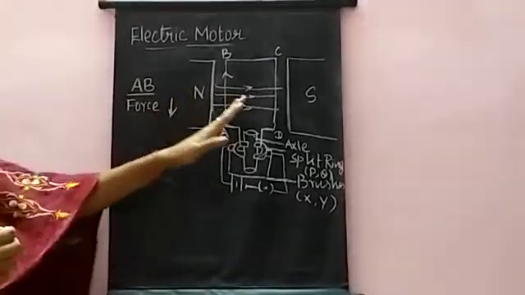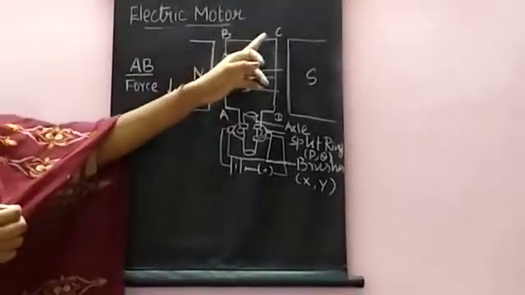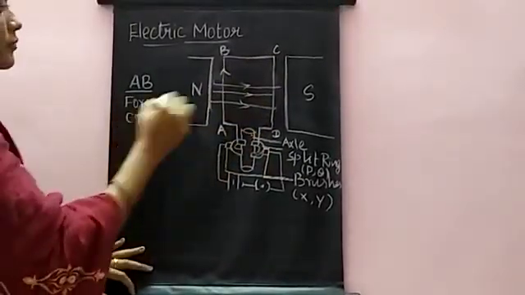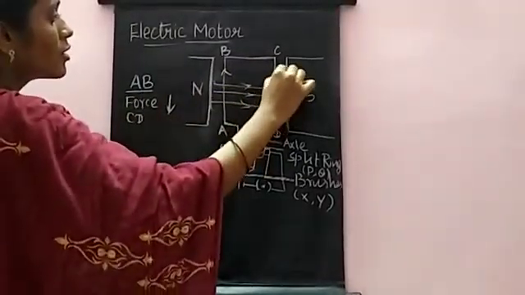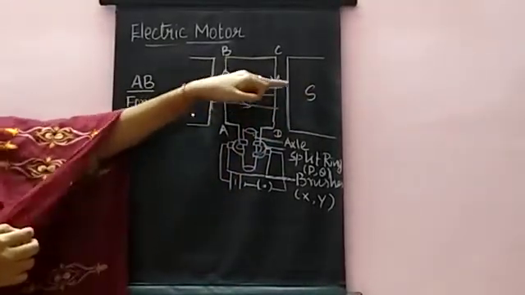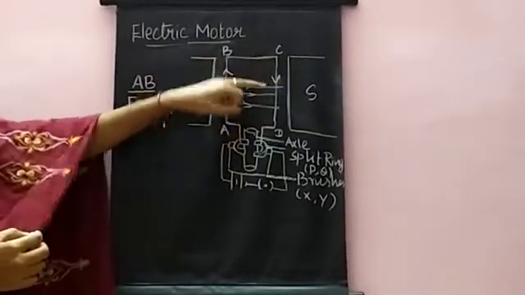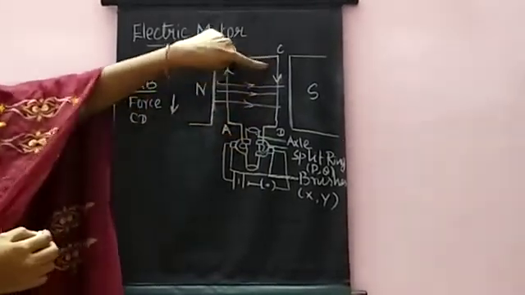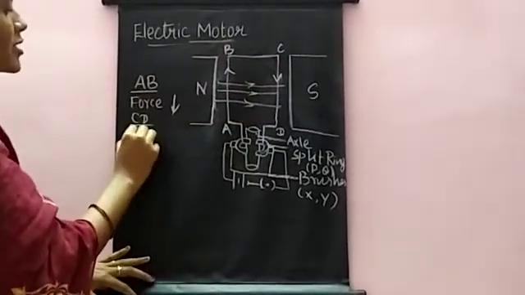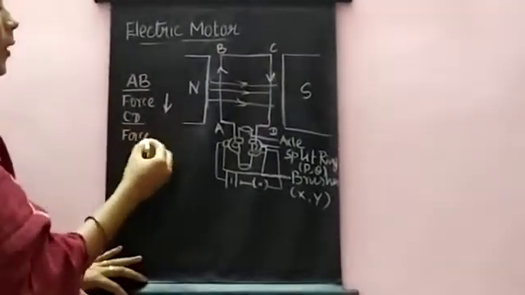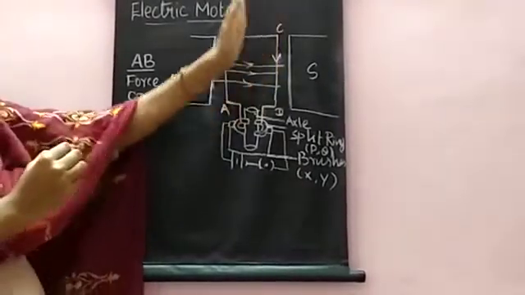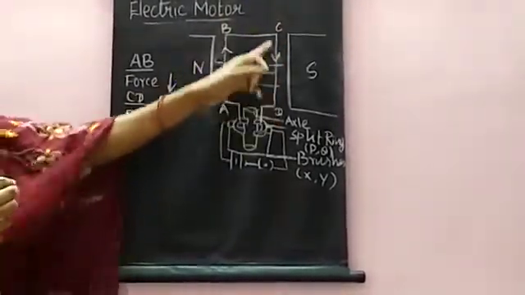At the same time, the current flows from C to D. We know that the current, the magnetic field and the magnetic force are mutually perpendicular. So for this current direction, the magnetic force acts upwards on the arm CD.